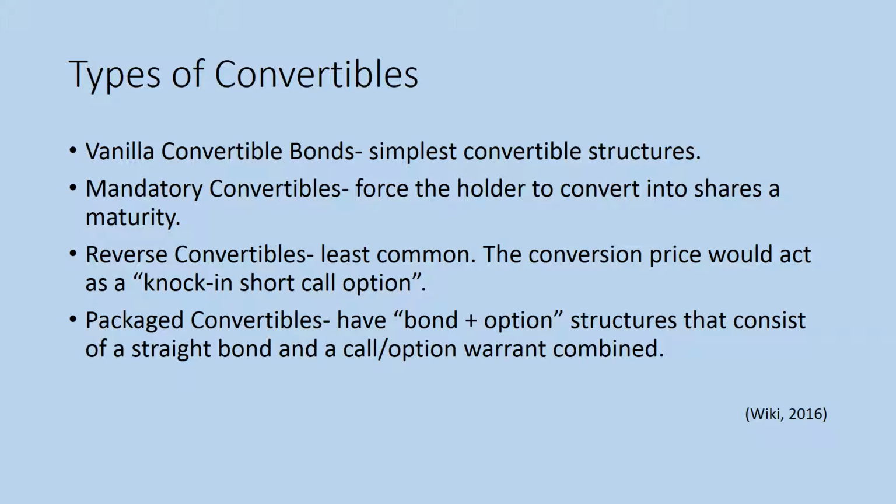There are different dynamics and risks associated with them at maturity, and the holder would not receive some of the cash or shares, but some cash and potentially some shares. The packaged convertibles are the most confusing, the most detailed type of convertible.